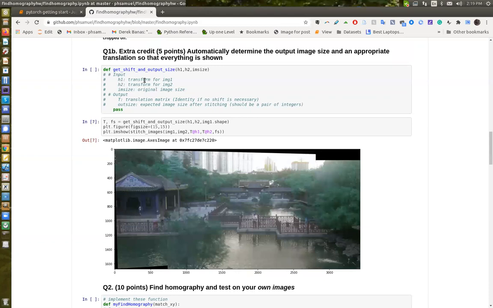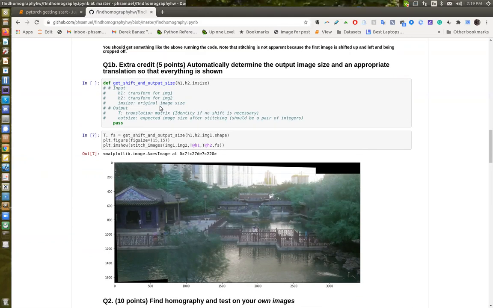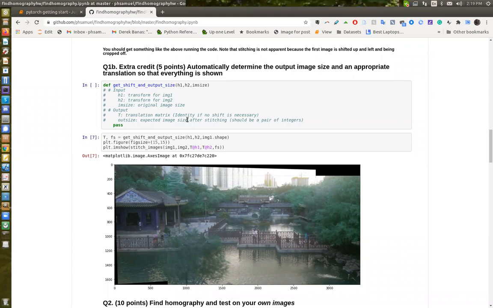That is to automatically find the output size of the image, and also, if you need to shift the image, find the translation that's needed. Because as you see, for this given H here, the image actually gets out of bounds, right?